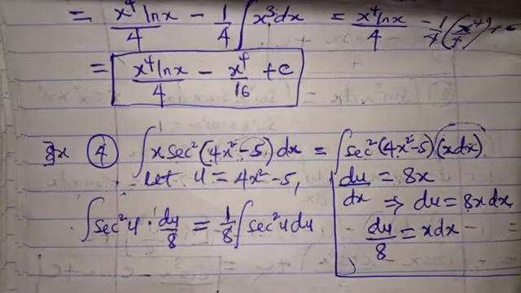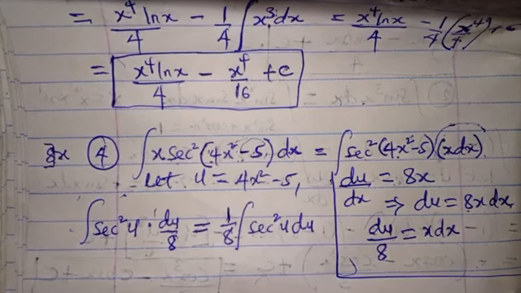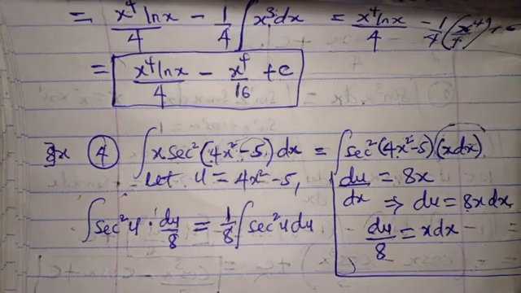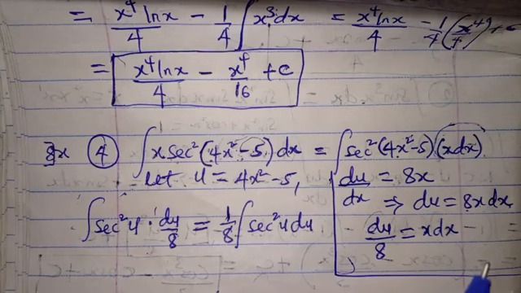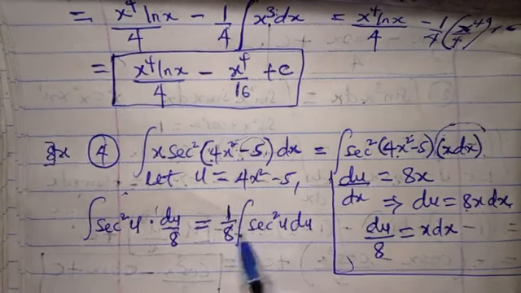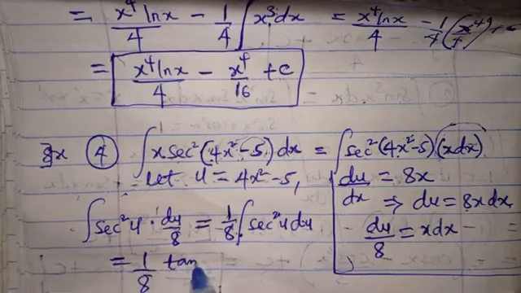So what is the integral of sec squared u du? The derivative of tan x is sec squared x, which means the integral of sec squared x is tan x. So for the variable u, if the derivative of tan u is sec squared u, then the integral of sec squared u is tan u.